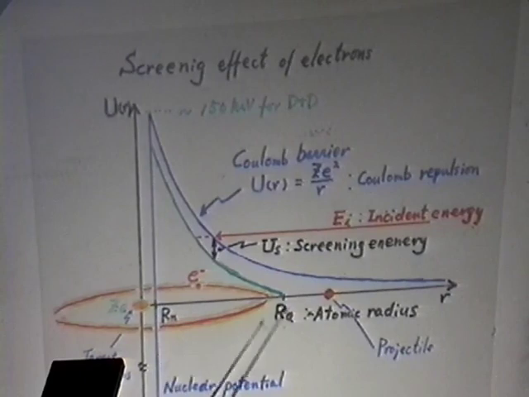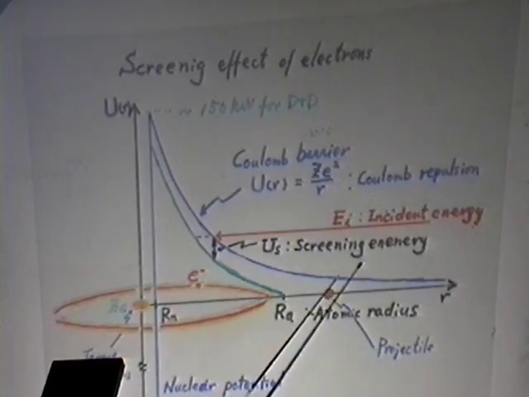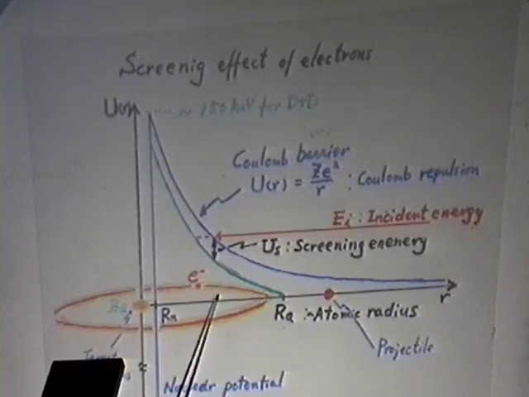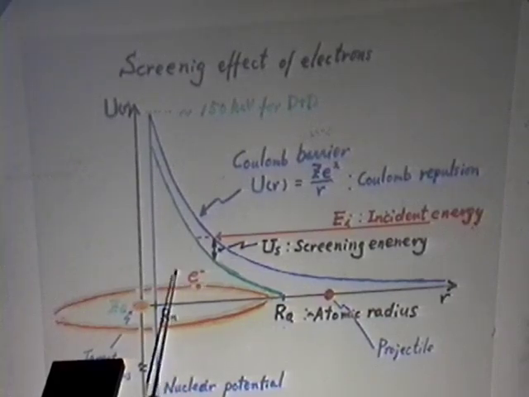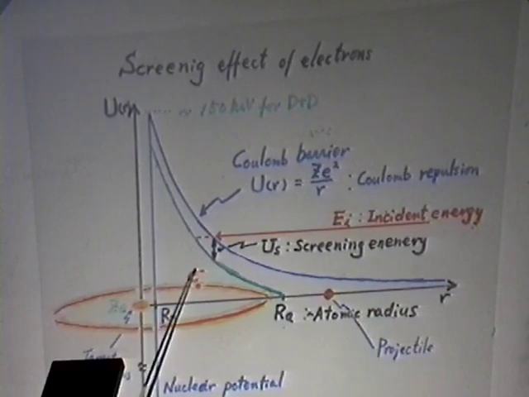Otherwise, the projectiles are repelled by the strong Coulomb barrier. But if the electron is outside the nucleus, the barrier height is of course reduced. So it can be approximated simply by putting in the screening energy, Us. Therefore the reaction cross-section is enhanced because your projectile gets another energy, Us, from the screening. So this is the so-called screening effect.